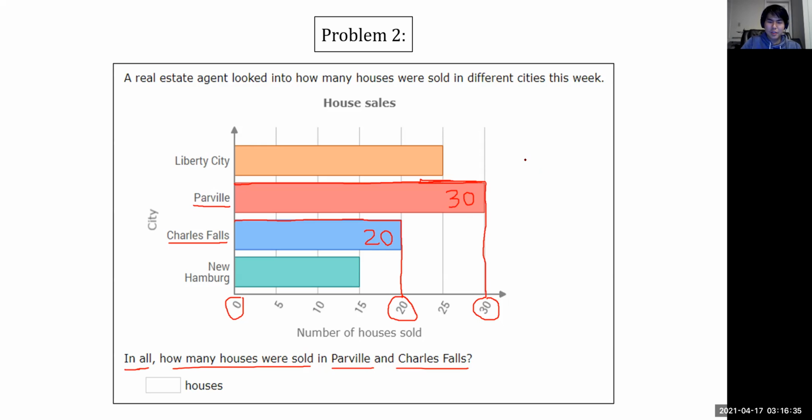So we're going to add them up. 30 houses sold in Parville plus the 20 houses sold in Charles Falls is equal to 50 houses. So to answer this question, 50 houses were sold in Parville and Charles Falls in all.